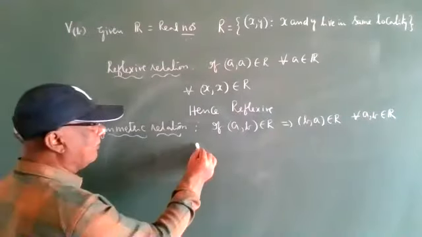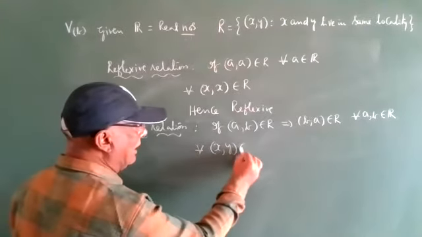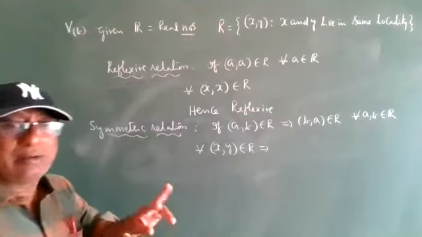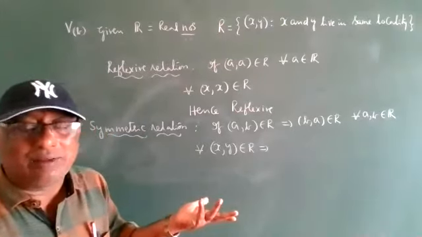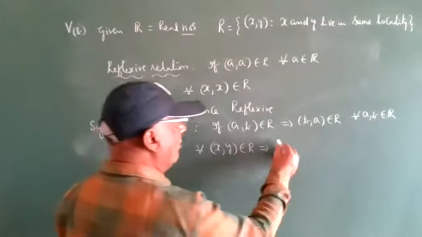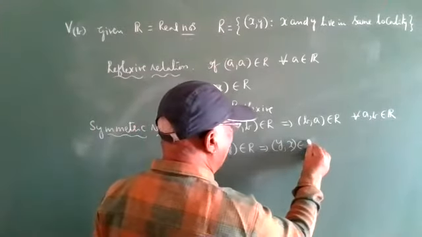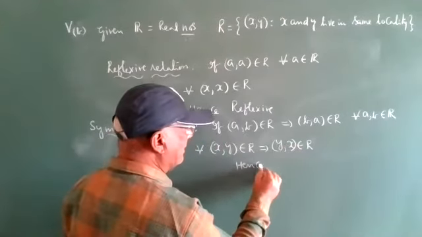Now write down: for all (x, y) belonging to the relation, x and y living in Vijayagiri means y and x living in Vijayagiri. (y, x) also lives in the same place. Therefore, hence symmetric.